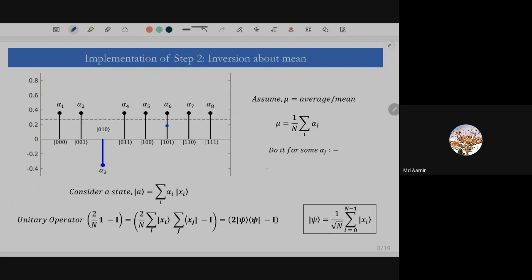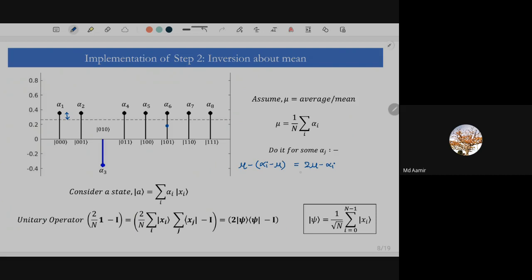Let's say we are doing it for alpha 1: alpha 1 minus mu will give us this distance, and then we have to subtract this from mu itself. So this will become 2 mu minus alpha_i.